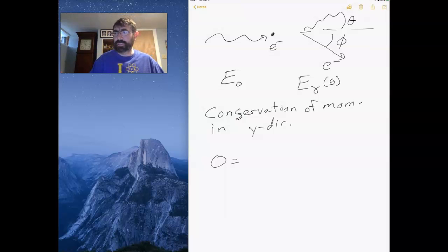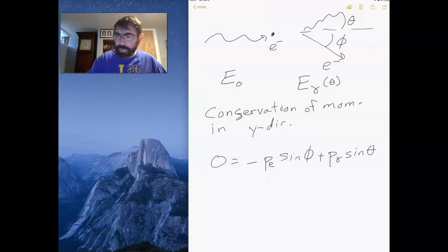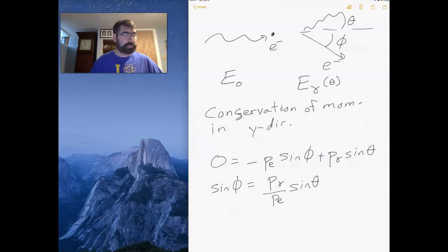And after the collision, what we have is minus the momentum of the electron times sine phi plus the momentum of the photon times sine theta. So therefore, sine phi is going to be equal to the momentum of the photon divided by the momentum of the electron times the sine of the angle theta.